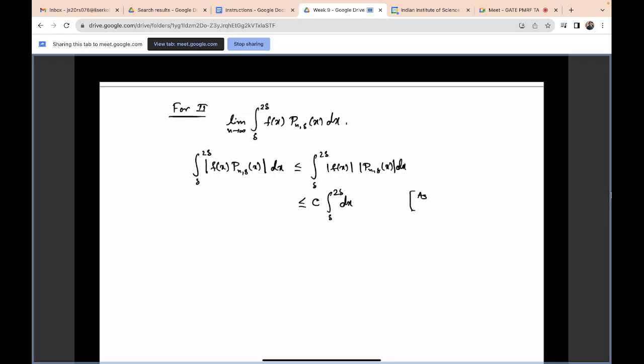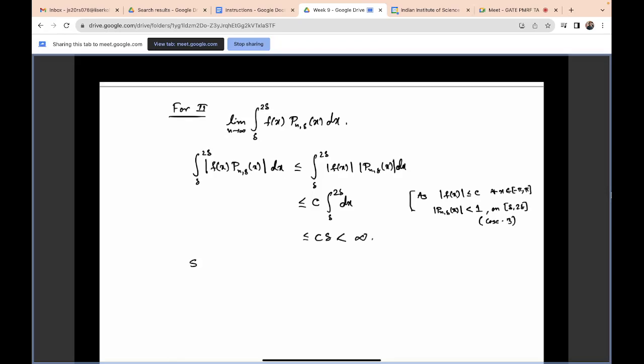So here we are using these two things: mod of f(x) is less than c for all x in minus pi to pi, and P_n,delta(x) is strictly less than 1 on delta to 2 delta, right? This follows from case 3. So basically this is c times delta, which is finite.